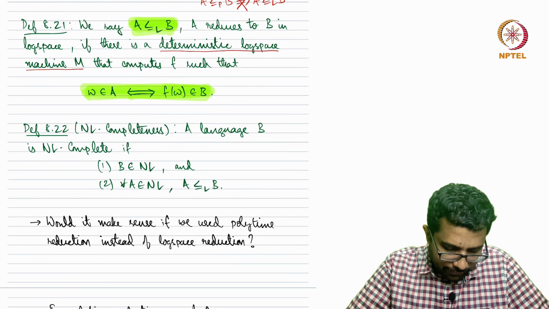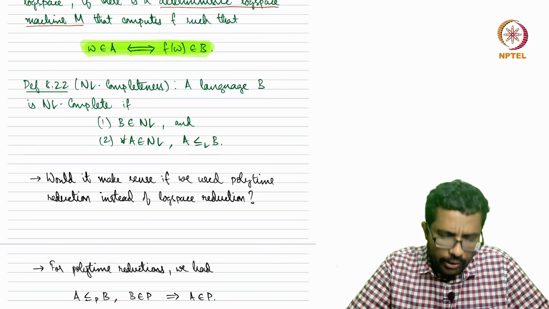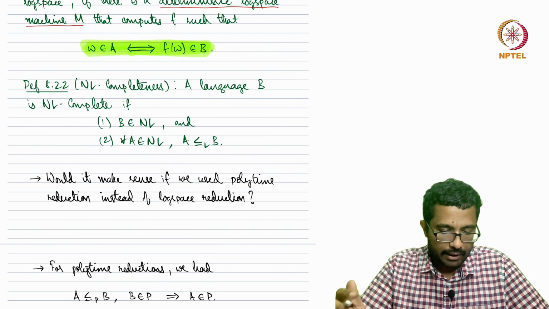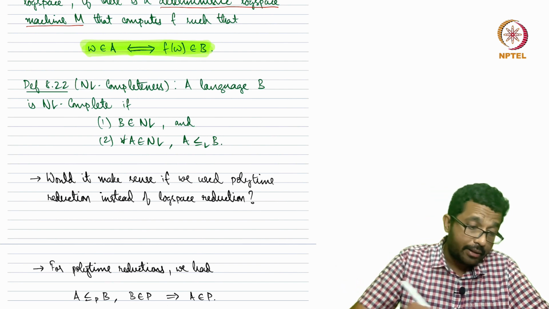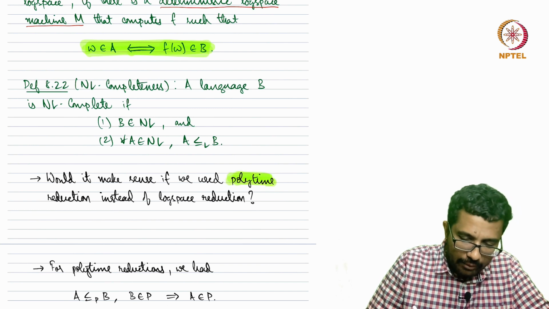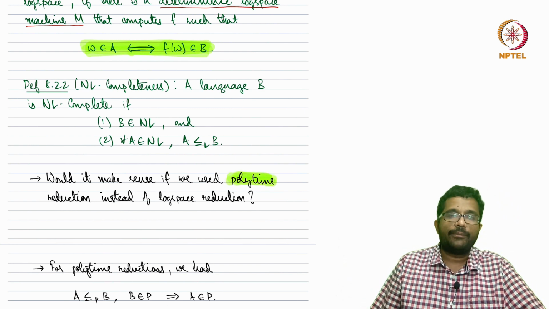So maybe just food for thought: would it make sense if we used polynomial time reduction here, because we are using log space here?